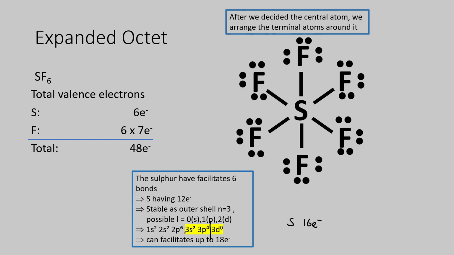Sebab kalau you tengok, bila principal quantum number dia 3, possible L value dia berapa? Which is 0, 1 sampai 2 kan? Sebab kalau N3, nilai L is 0 until N minus 1. Ingat tak?